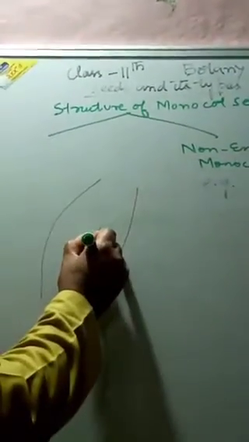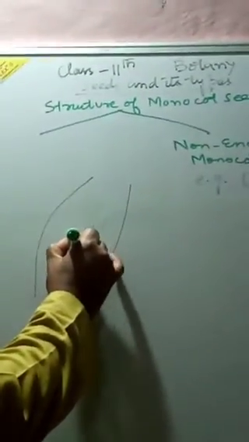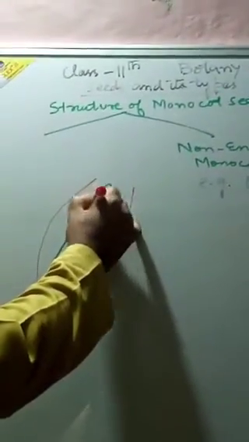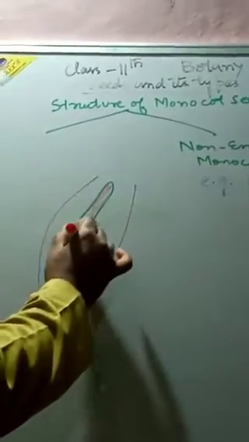Then at this notch, what we will see is the papery cotyledon. This is the cotyledon, and this again is called a scutellum. That means it has no reserve food material.